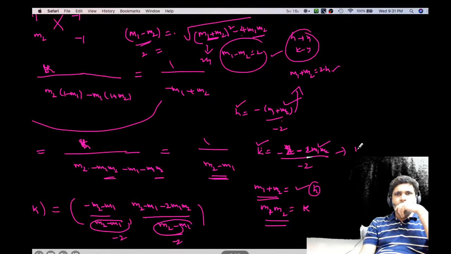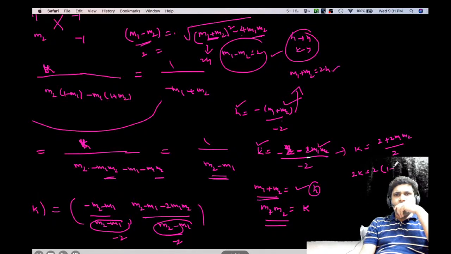Minus cancel. k is equal to 2 plus 2 m1 m2 by 2, that is 2k is equal to 2 times 1 plus m1 m2. 2 cancel, therefore m1 m2 is equal to k minus 1.